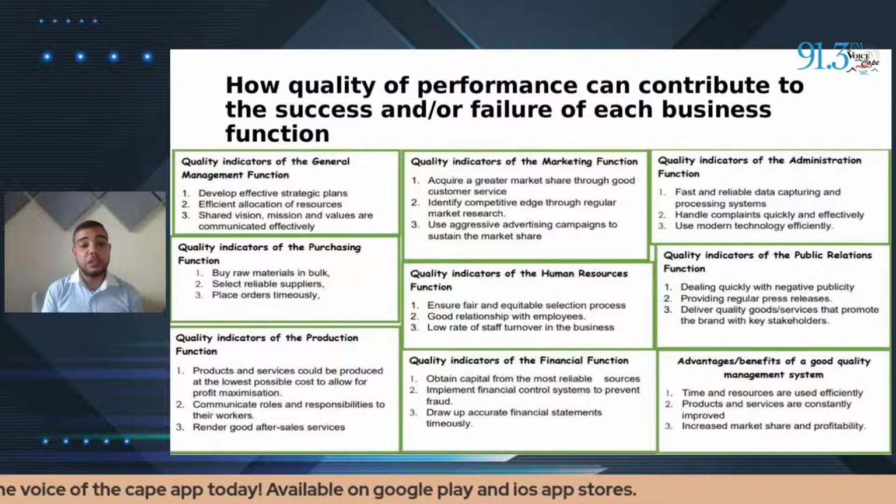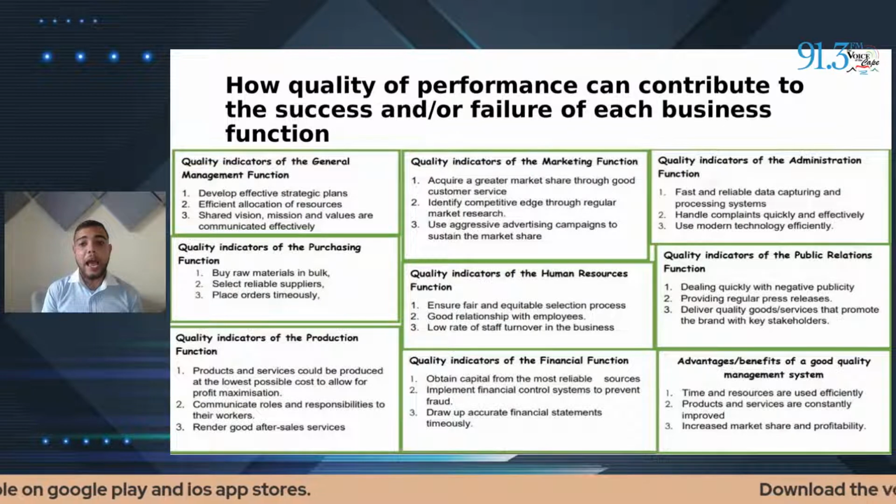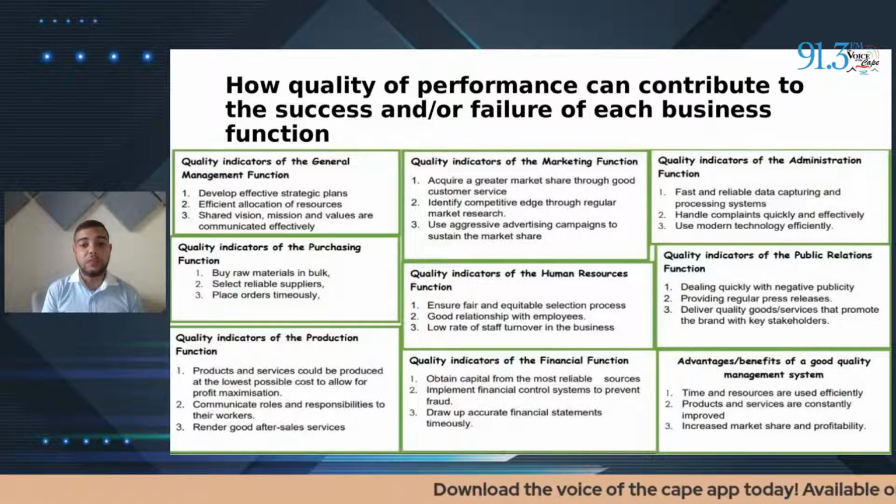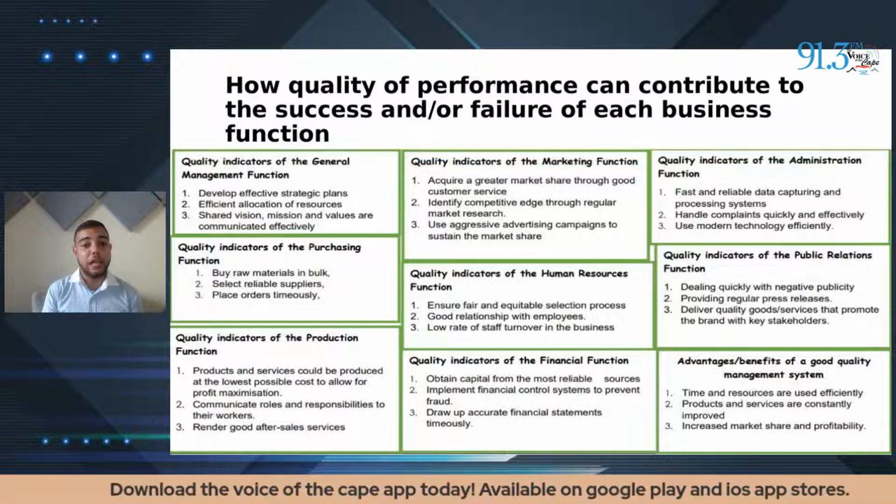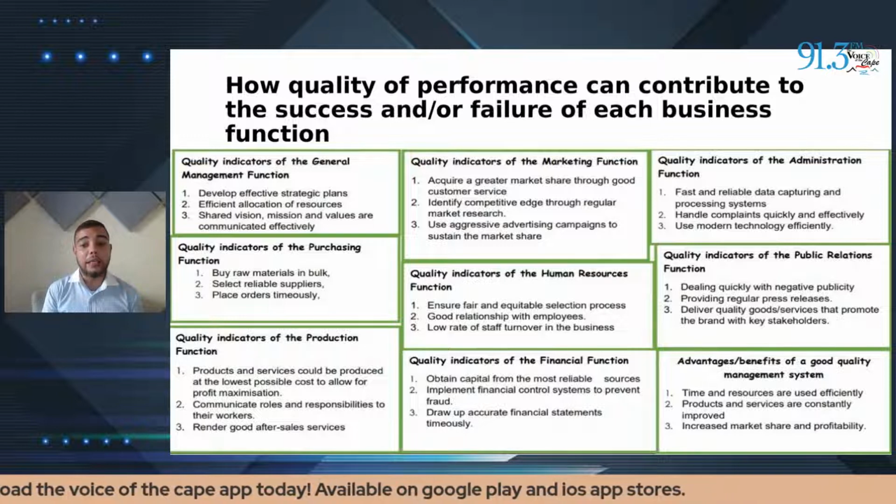So the 8 business functions that we get are general management, marketing function, administrative function, purchasing function, human resources function, public relations function, production function, financial function, as well as quality management.